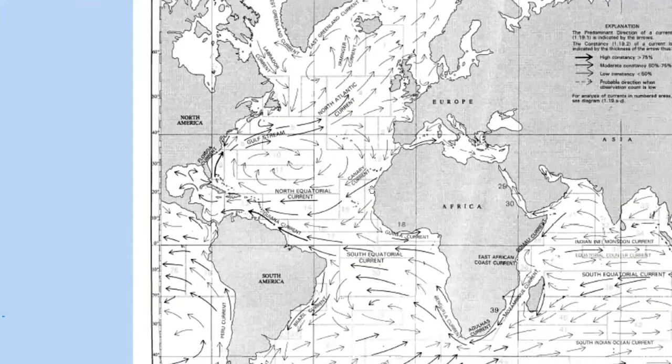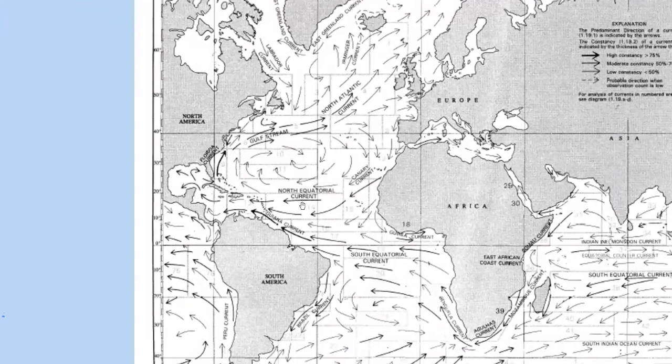Okay, so the North Equatorial Current will go westward and then connects to the Gulf Stream. But first, with the Florida Current. So it will go again to the North Atlantic Current, and some of it will go towards southeast and connect with the Canary Current to complete the circulation.